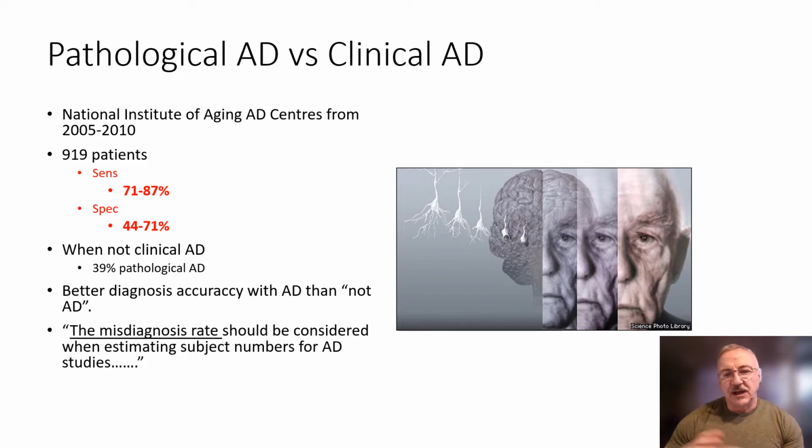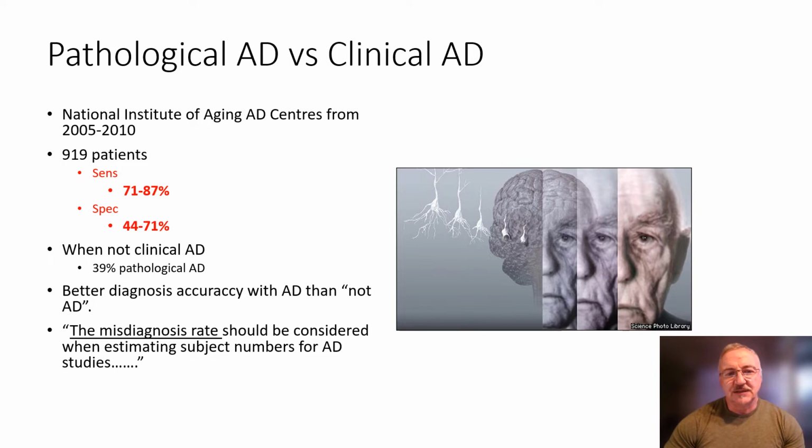If we look at the larger study of nearly 1,000 patients in the National Institute of Aging Alzheimer's Disease Centers over 5 years, these are the most skilled, the most well-financed 6 centers in the US.